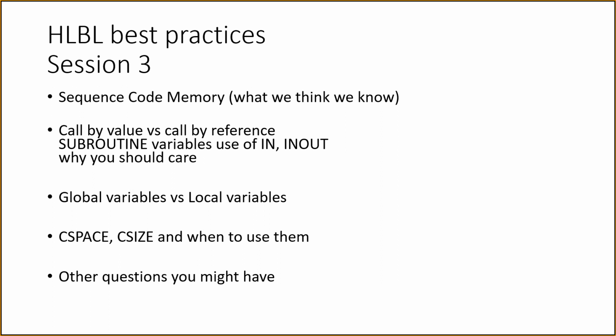And then global variables versus local variables when you're using a subroutine, C space and C size, and what we can get out of using those, and then we'll discuss any other questions you might have. This one could be fairly short depending on how much feedback we get. I have done a little bit on it and tested some stuff, but have been pretty busy with other things, so we'll see how it goes.